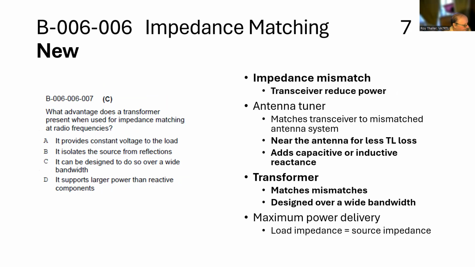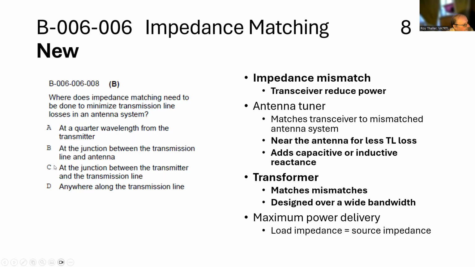Another new question. What advantage does a transformer present when used for impedance matching at radio frequencies? So this would be a transformer, so it can be designed for wide bandwidth. So C would be the correct answer. Another new question. Why does impedance matching need to be done to minimize transmission line losses in an antenna system?